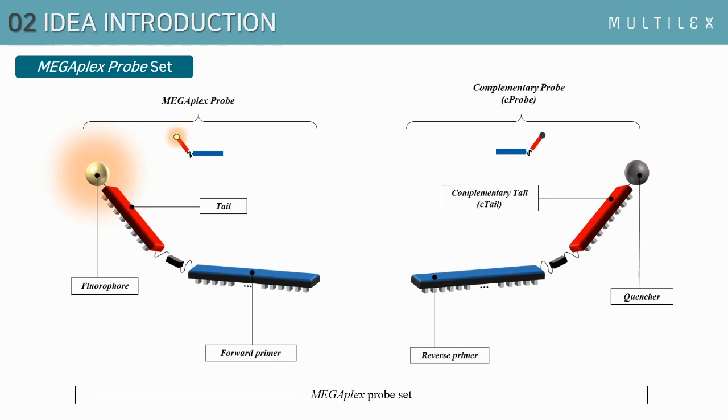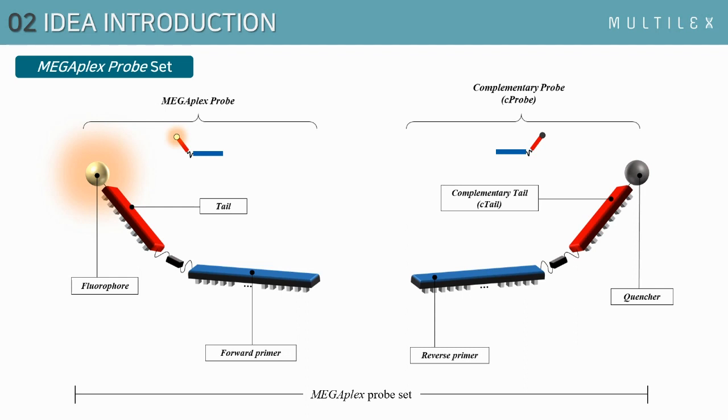The C probe consists of a reverse primer, C-tail, and quencher. As you know well, even in the Megaplex probe set, the primers are used in amplifying the target in the PCR process, like other PCR kits.